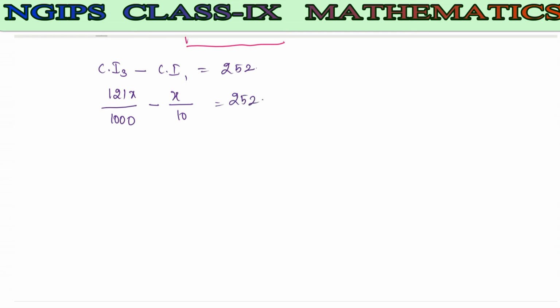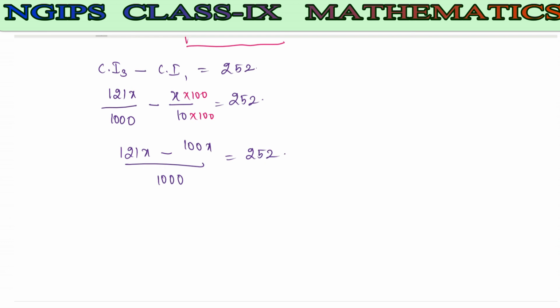The LCM for 1000 and 10 is 1000. So I can write 121x minus, to get 1000 in the denominator, I multiply both numerator and denominator by 100, so 100x, and both are now over the common 1000, is equal to 252.